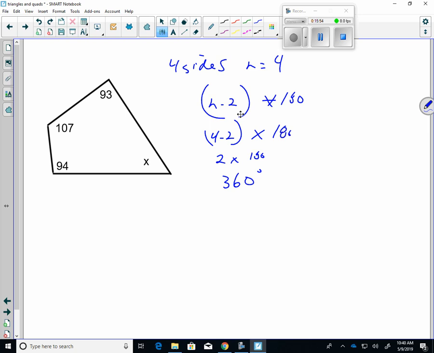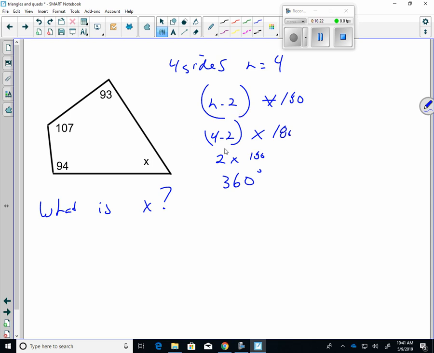Okay? So, the question is, what is x? How many degrees is x? We don't know. Well, we don't, but we know that all of those angles add up to 360. It's right there, 360. Josh, are you with me? Are you calculating? So, what does that say?